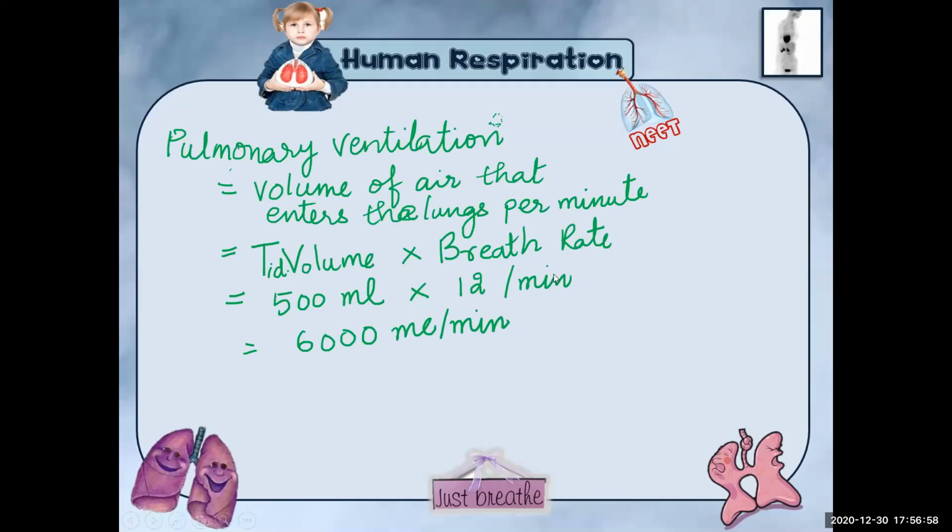Now with pulmonary ventilation, children, we have one more ventilation, that is called alveolar ventilation. So if pulmonary ventilation is the volume of air that enters the lungs per minute, what will alveolar ventilation be?